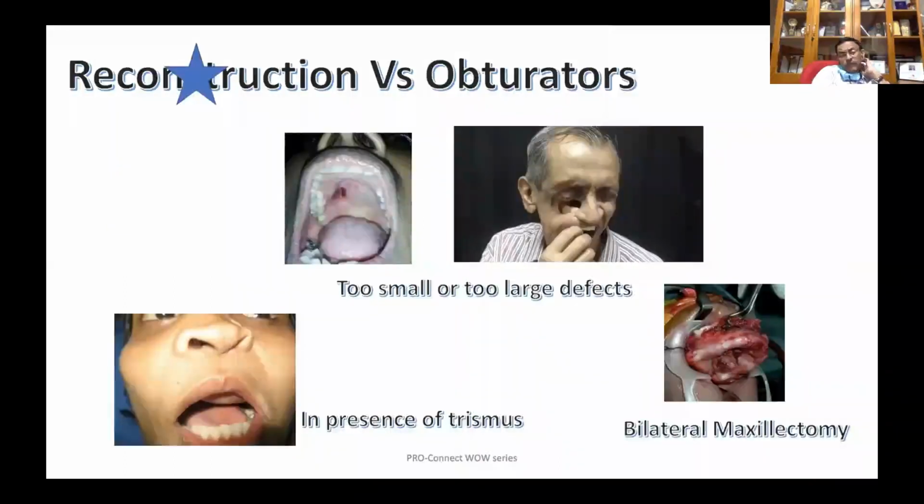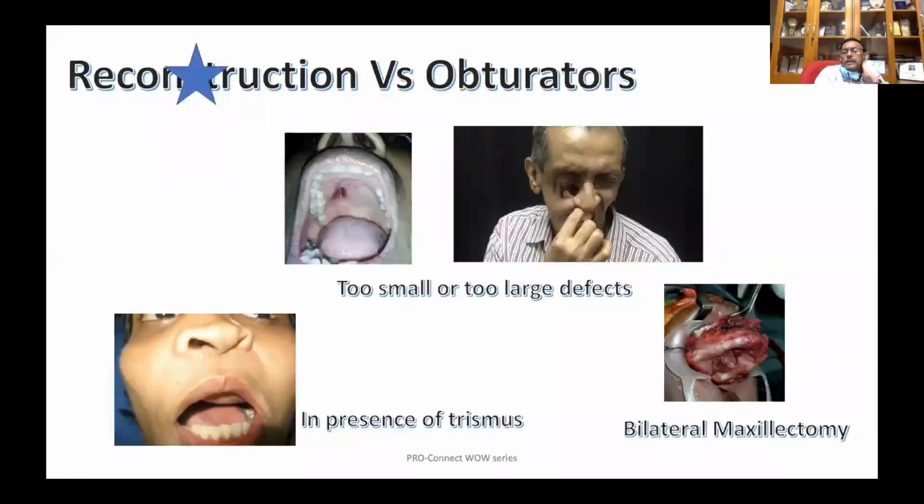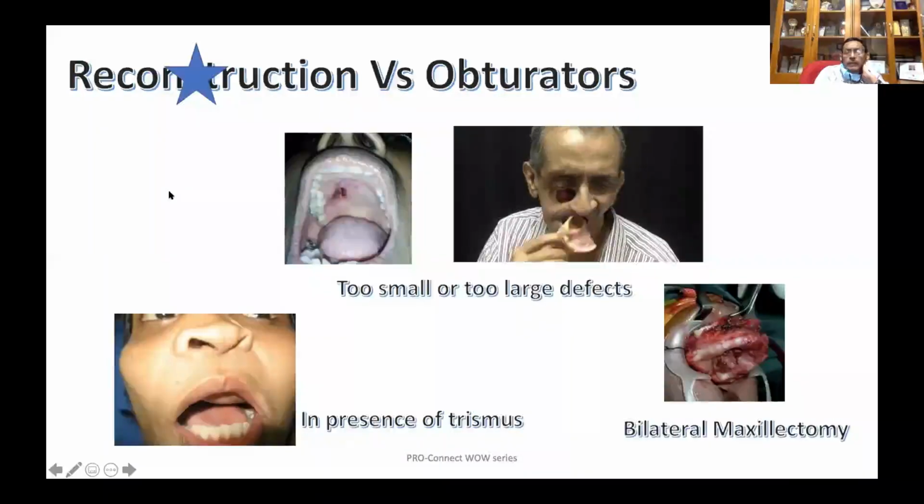Now, when will you choose to do a reconstruction and not obturate? In our unit, the guiding principle is this. You have a small defect, where having a large obturator is bad. Or you have a too large a defect where the obturator can be done, but it is a huge one that the patient has to use every day.